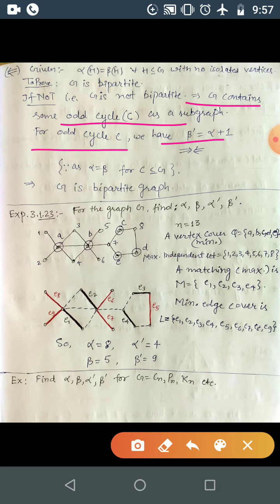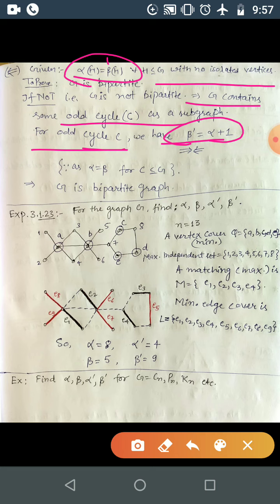So this was the subgraph without isolated vertex, and what we got, beta dash is equal to alpha plus 1. But as this is the subgraph of G without isolated vertex, alpha should be equal to beta dash.